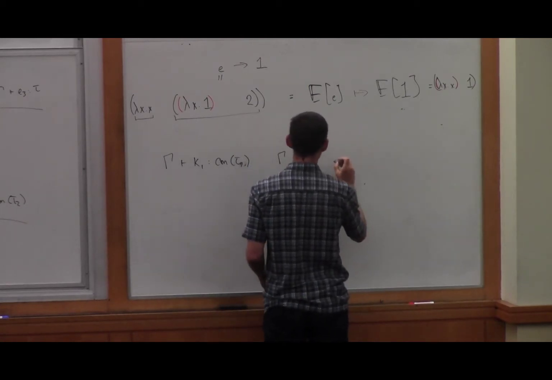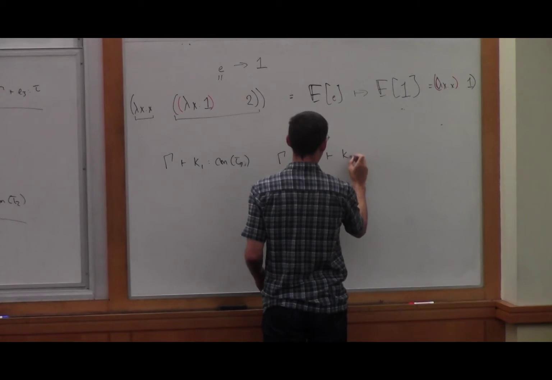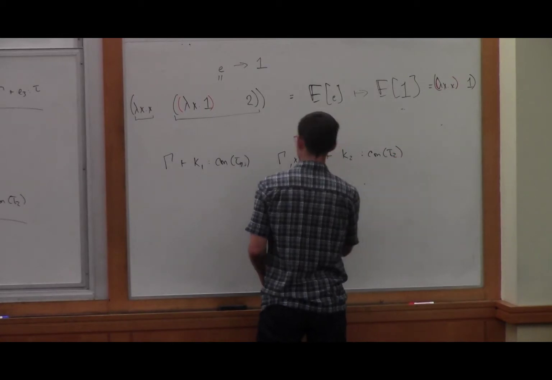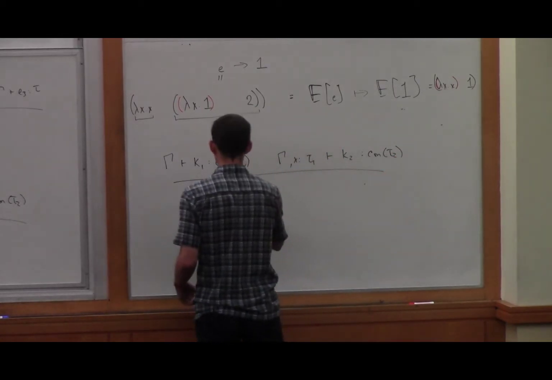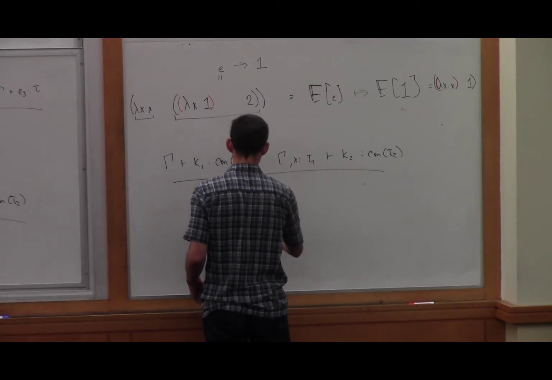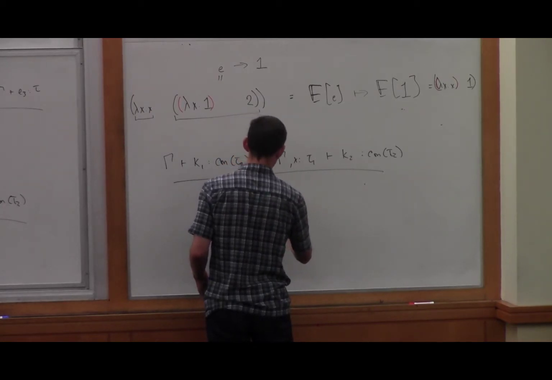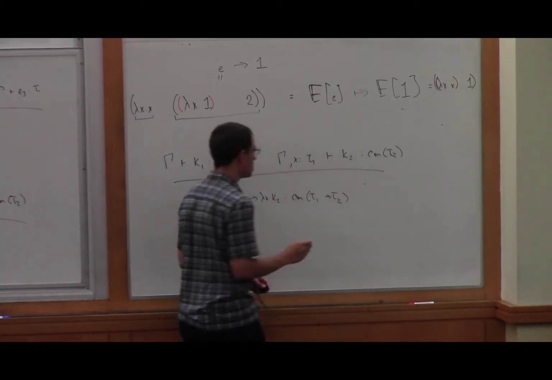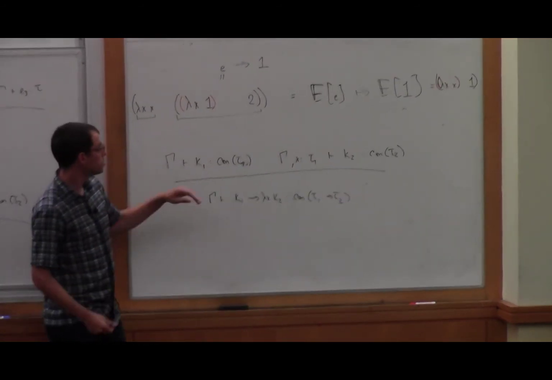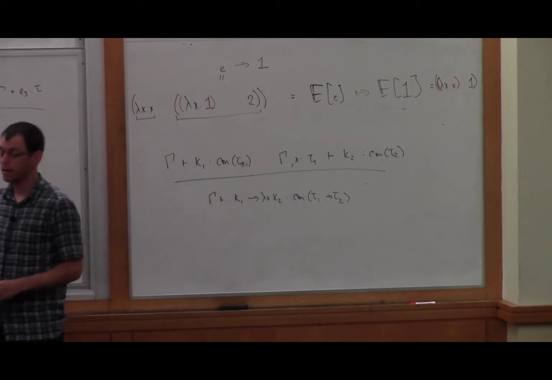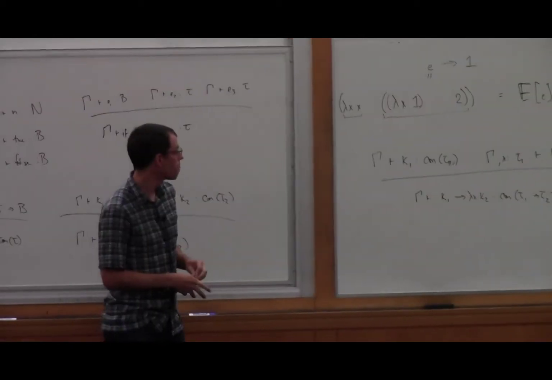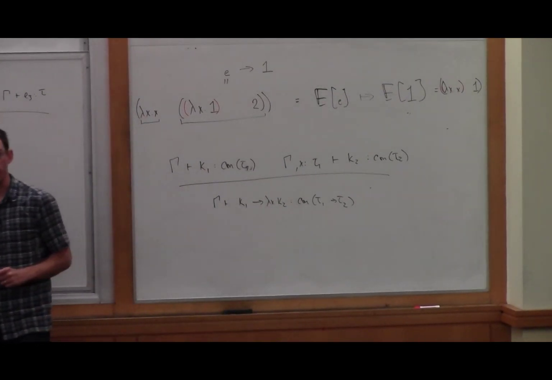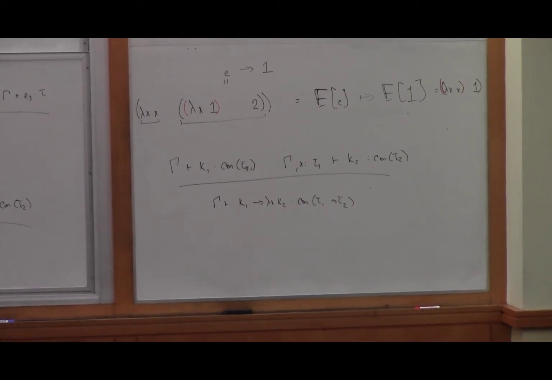Except we extend the environment for typing K2. You can see here, dependent contracts can refer to a term of type T1 that is the value that we have here. So there's our typing rules.